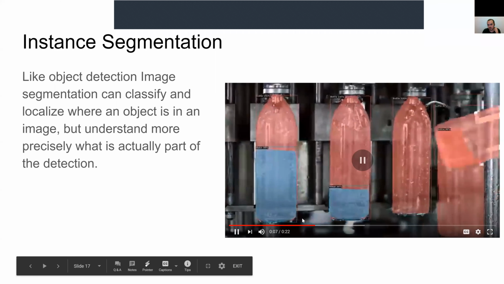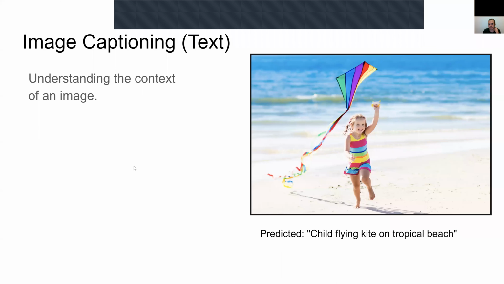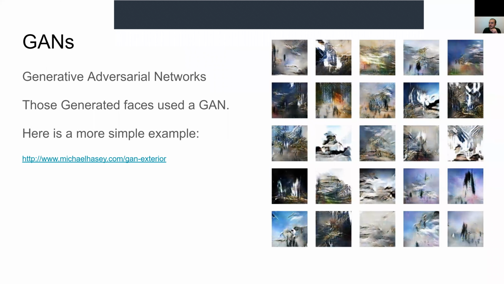We'll go through this when we train and label, and I think you'll see a good example of this, but it's classified this as water. If we didn't have the mask on here, we could still see something that would look like water. The network is really well trained to see what water looks like in a bottle and what a bottle looks like. And then it draws the mask around it. Hopefully that helped. If not, I think when we get into the labeling process, it'll make a little more sense.